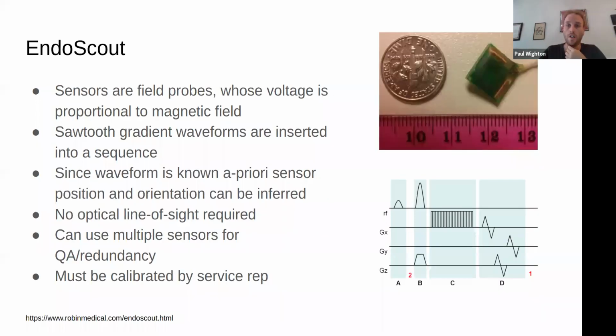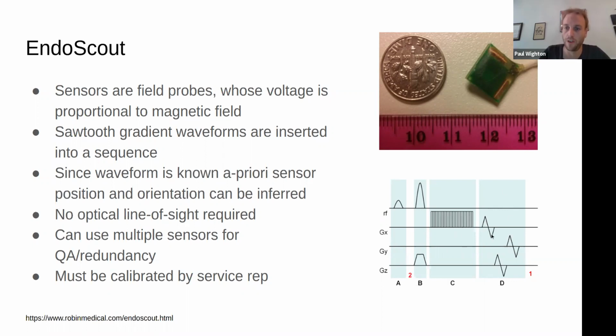So this is what's called the Endoscout system. There's these little field probes. Yeah, it's a magnetic probe. This is the sensor here. They're really small. And what you do is you need to alter the sequence like you would for a navigator, but it's an even shorter block insertion. So this is a basic EPI sequence.